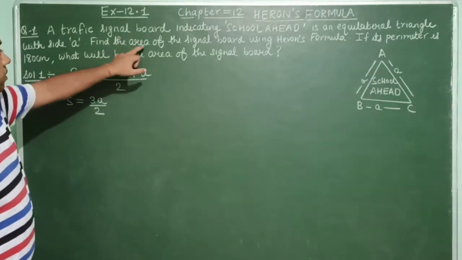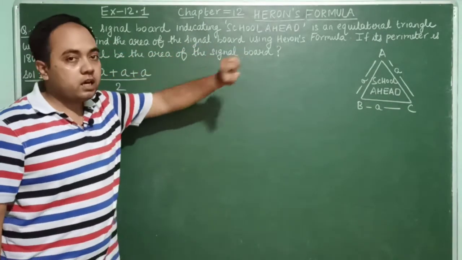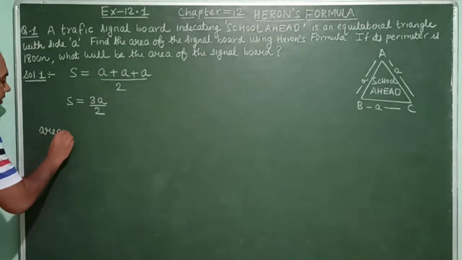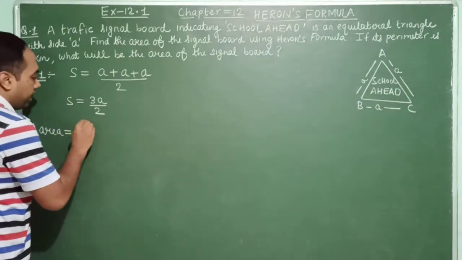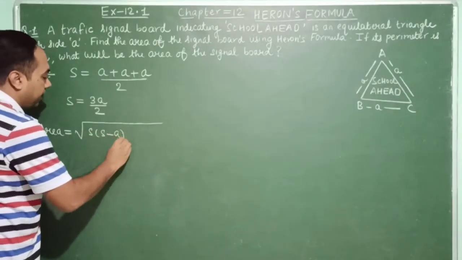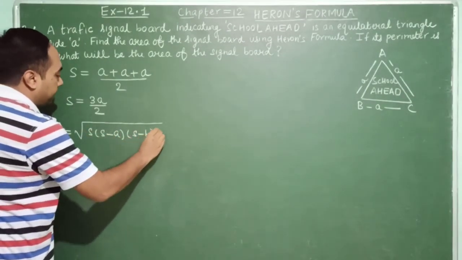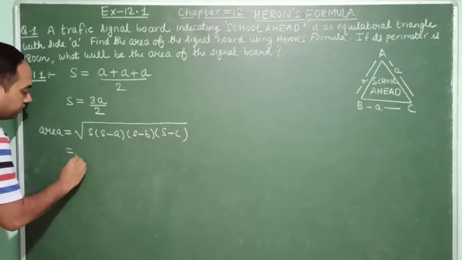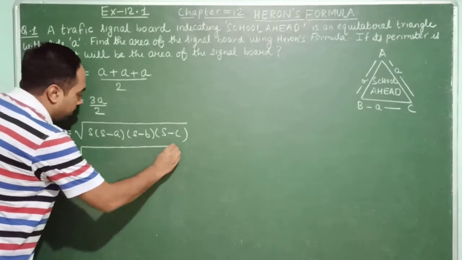Now we will calculate area of the signal board using Heron's formula. So I am writing Heron's formula over here. Area is given by square root of S into S minus A into S minus B into S minus C. Now put the values inside the square root.